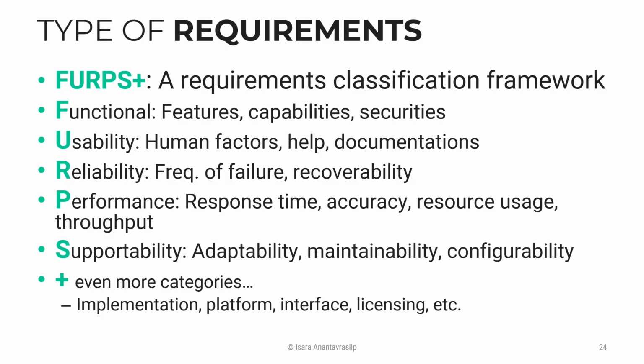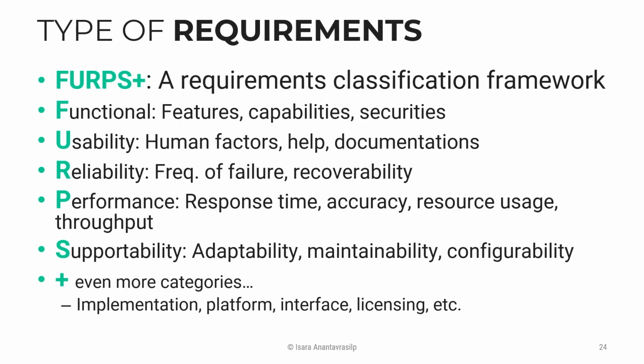Next one is reliability. Reliability refers to the software system's ability to perform consistently and reliably under different conditions. They address factors such as system availability, fault tolerance, and error handling.